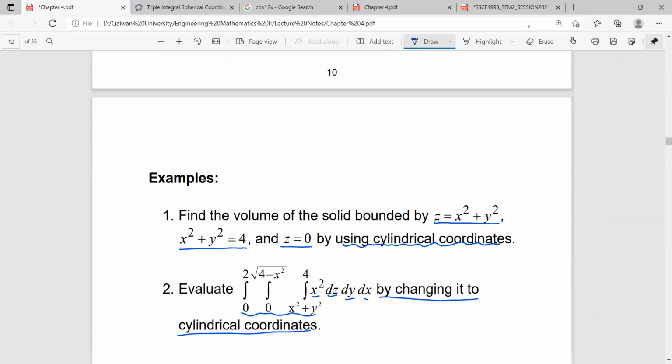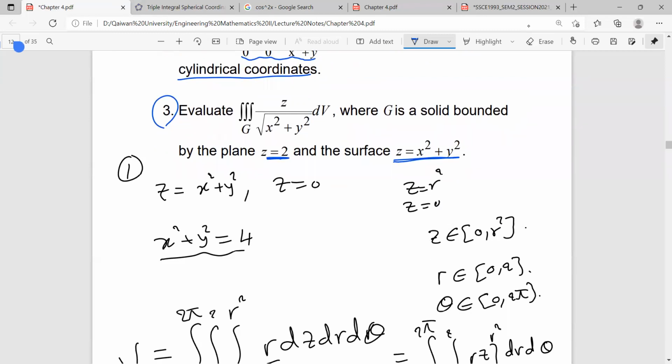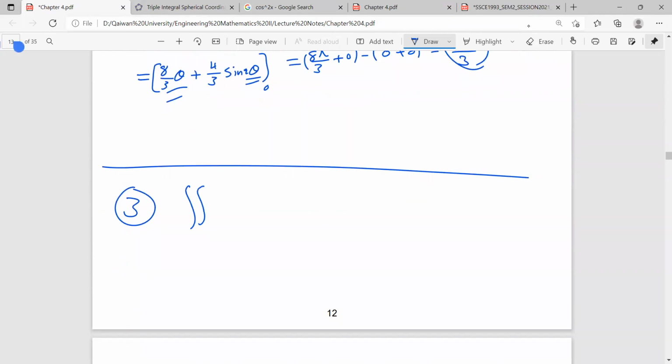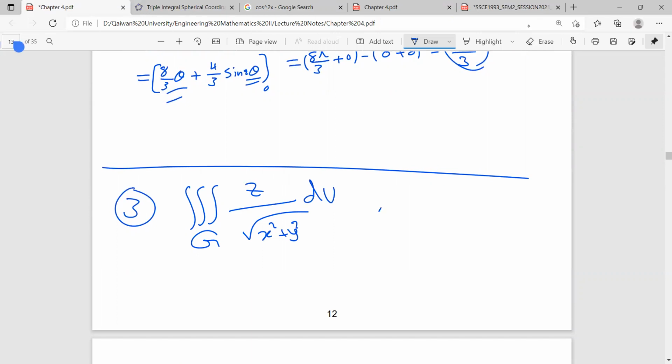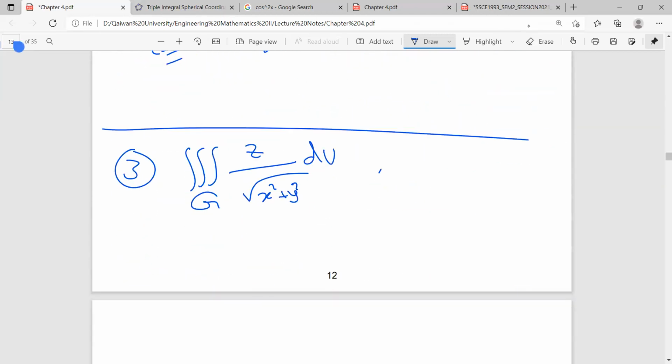It's the triple integral over g of z over the square root of x squared plus y squared dv, which is bounded by z equals 2 and z equals x squared plus y squared.